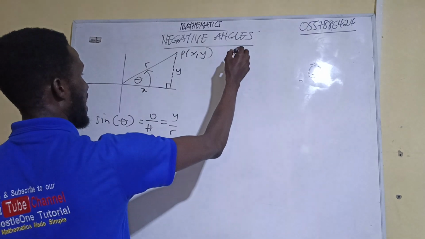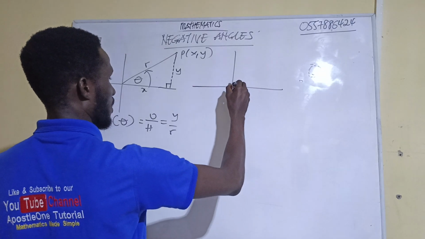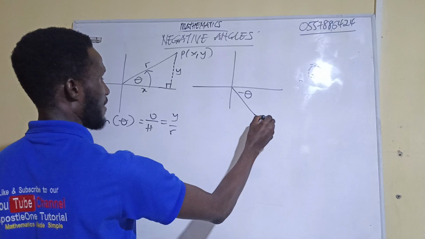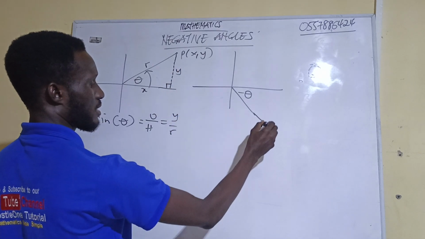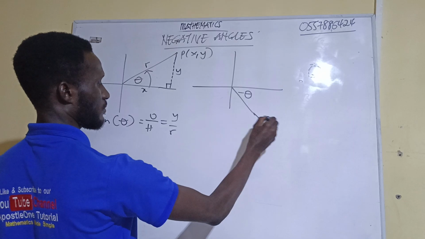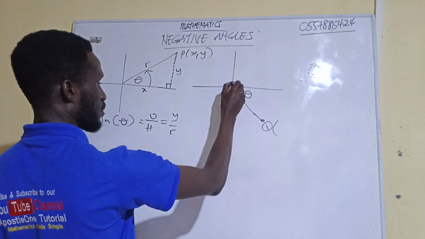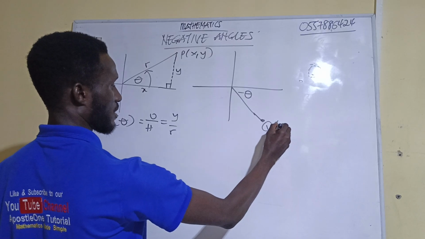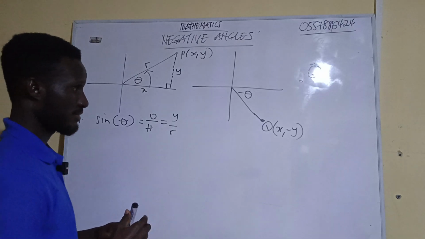Now let me consider a negative angle. Now this one is negative theta, having a point. Let's say the point is the point Q. Don't forget that at this particular point, the x component is supposed to be positive and the y component negative.